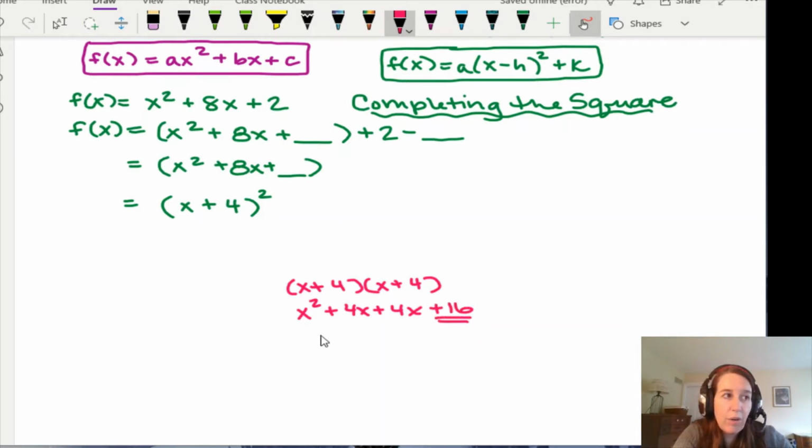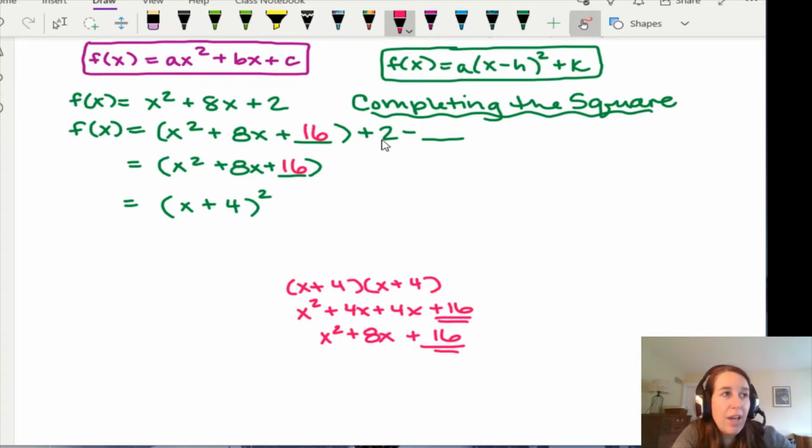That's that number we don't have because look, x squared plus 8x is from the original equation. We just don't have this 16. We don't have the right constant added on. So completing the square is adding in the correct constant to the equation. So this here is 16, because 4 times 4 is 16, and it's a perfect square factor.